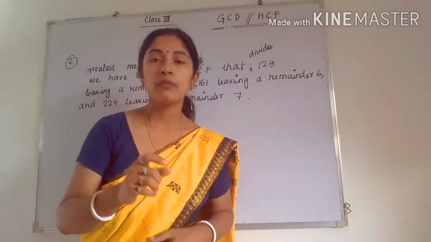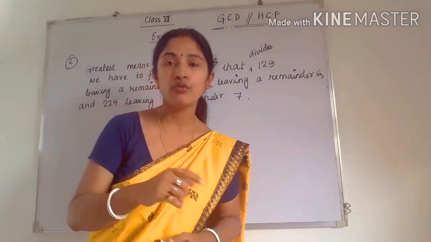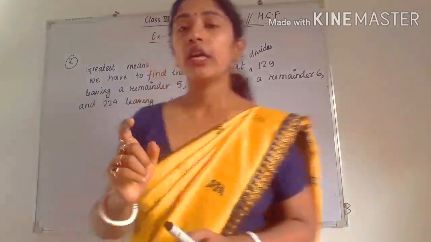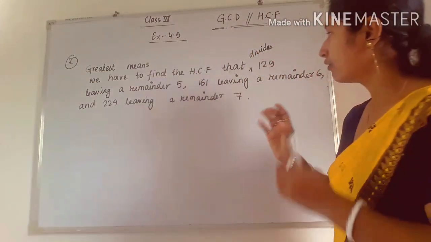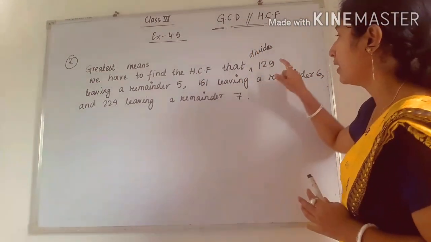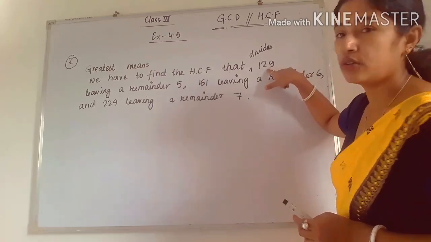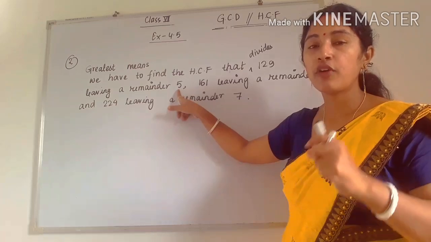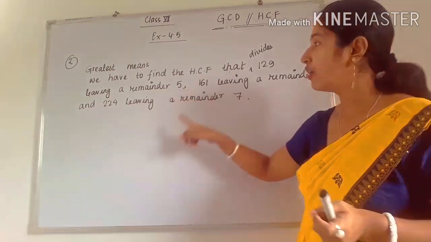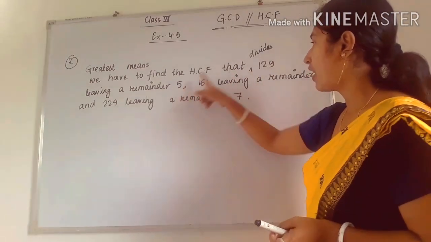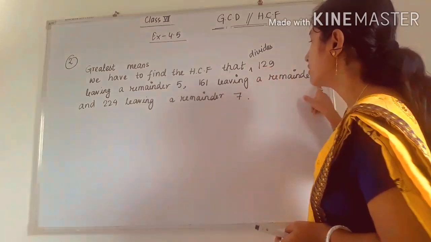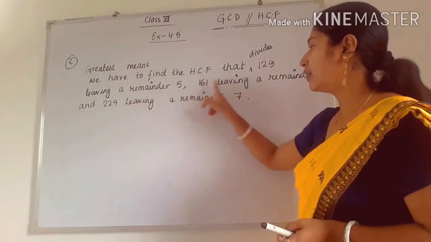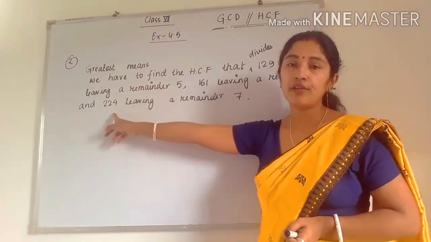But see, some remainders are given. So what do we have to do using those remainders? If we divide a number by some number, we get the remainder 5. You have to find that number. So first of all, we will subtract 5 from 129, 6 from 161 and 7 from 224.